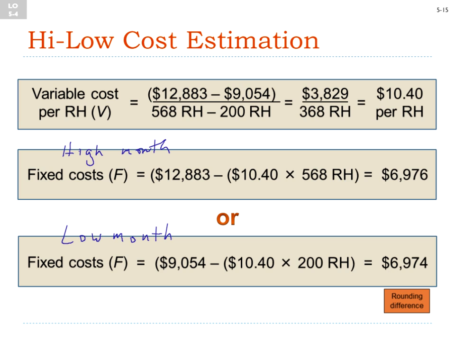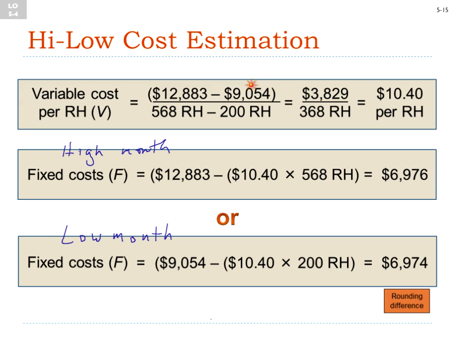So again, in the high month, the total cost was 12,883, and then the total cost for the low month was 9,054.